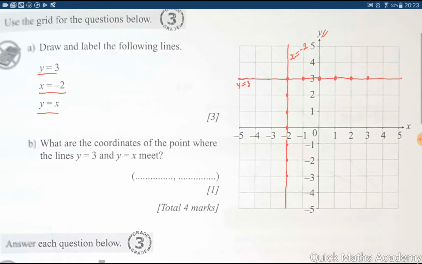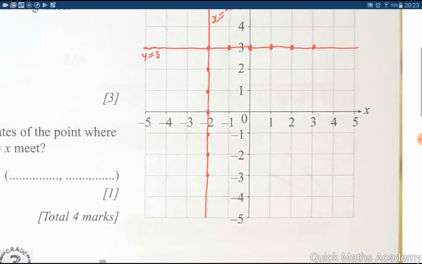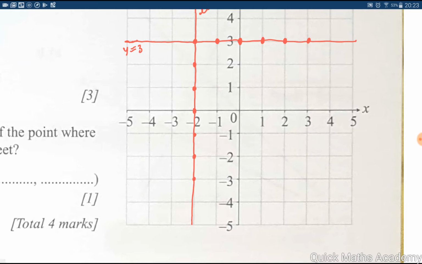Okay, the third one, y equals x. What will be that one? Well, if y equals x, if my x is 0, my y will also be 0, and that results in my point 0, 0. If my x is 1, my y will also be 1, and that results in the point 1, 1.